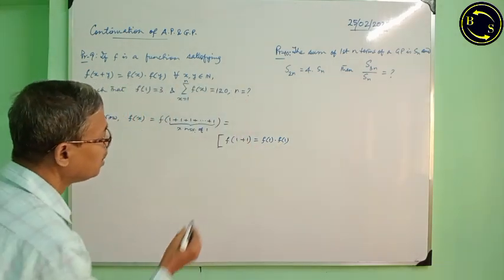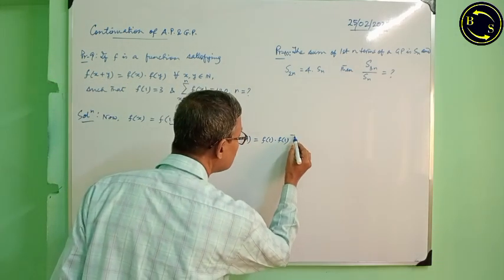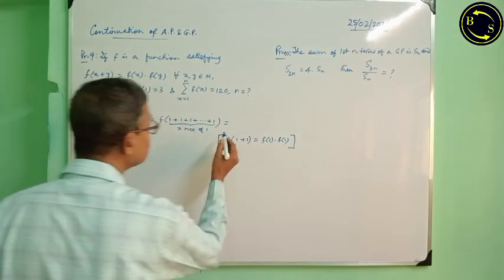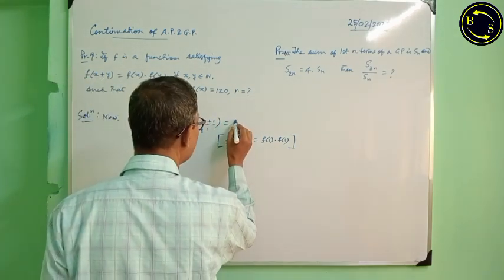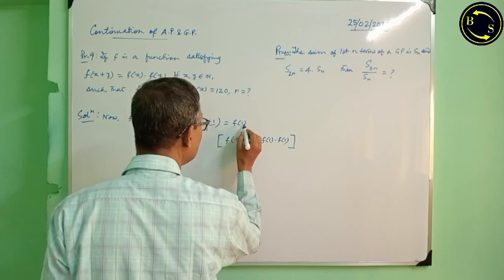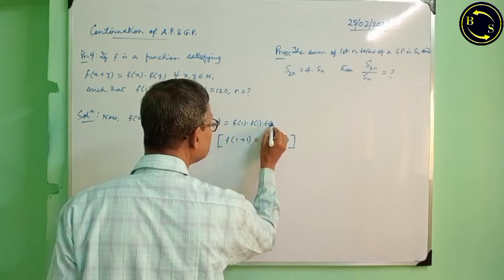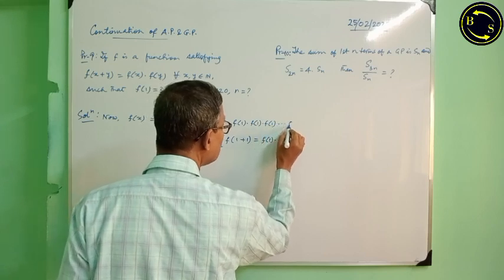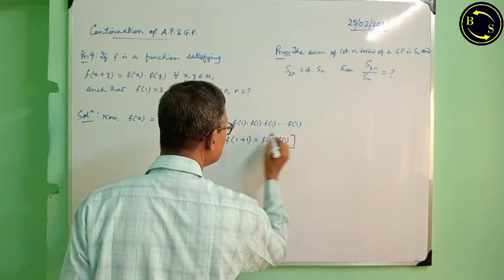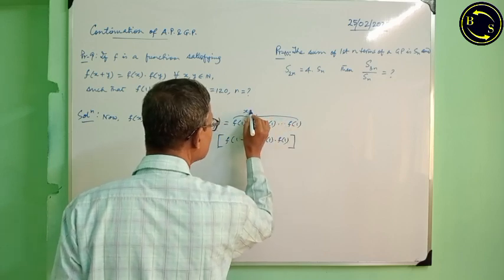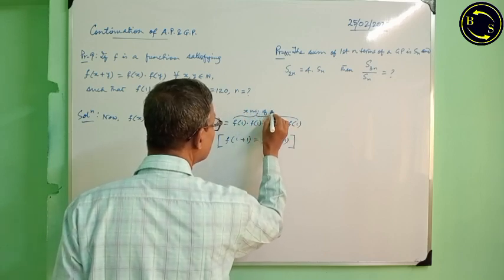Therefore, applying this rule repeatedly, this is equal to f(1) into f(1) into f(1) dot dot dot f(1). How many f(1)s are there? x number of f(1).